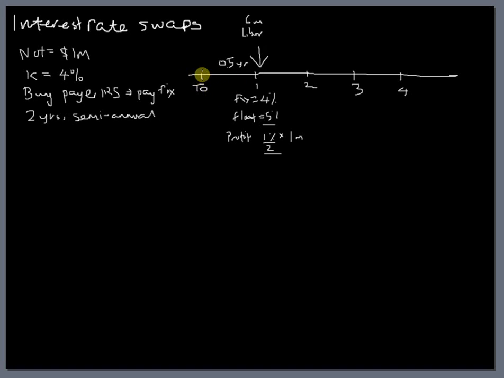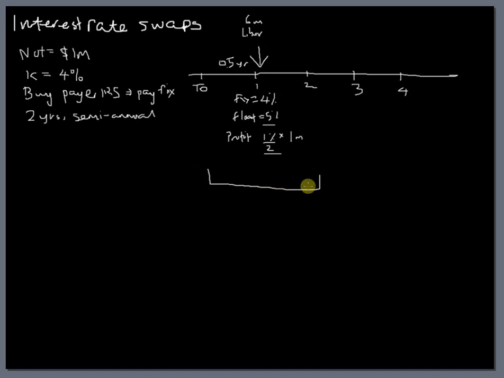If you look at this leg from t equals 1 to t equals 2, which is basically 1 year from now, we can notice that as at t equal 1, we need to observe the floating rate, and then the settlement is at t equal to 2.